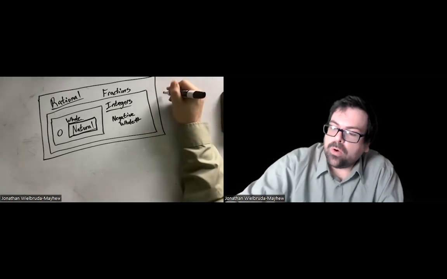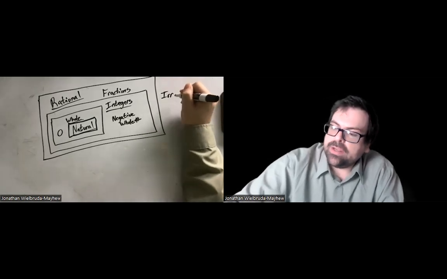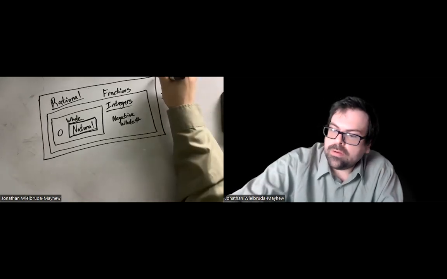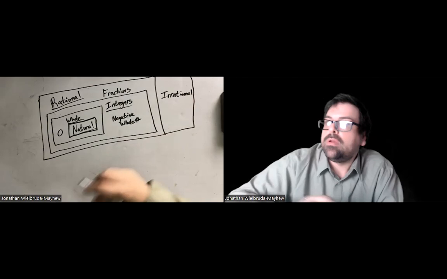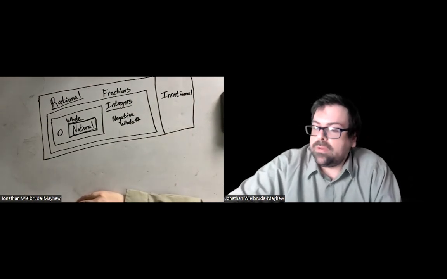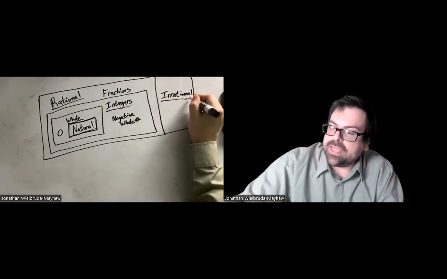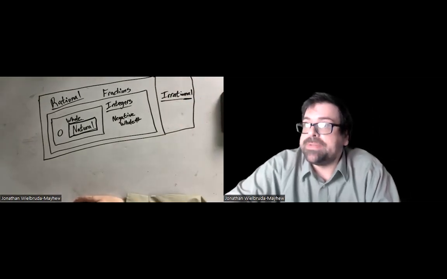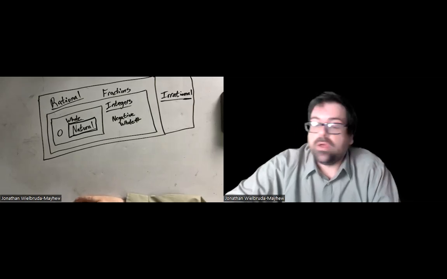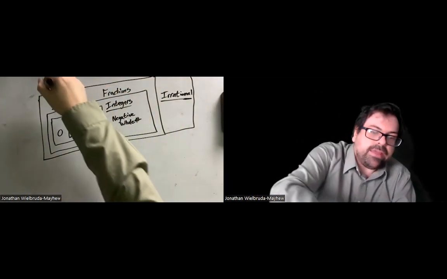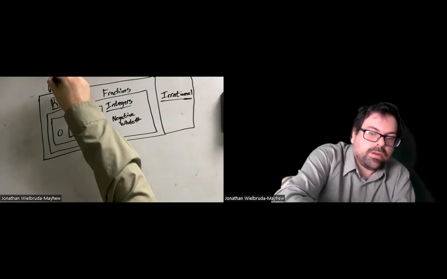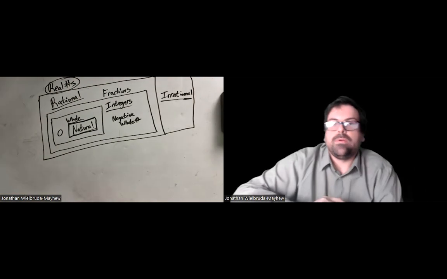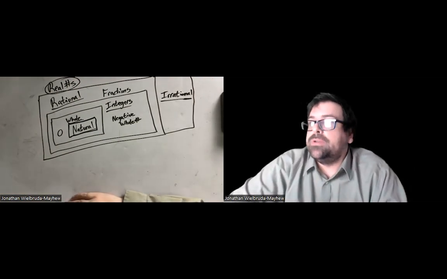And then we had this whole other separate category of irrational numbers, things that couldn't be written as a fraction, our non-terminating, non-repeating decimals. All of this taken together is the set of real numbers.